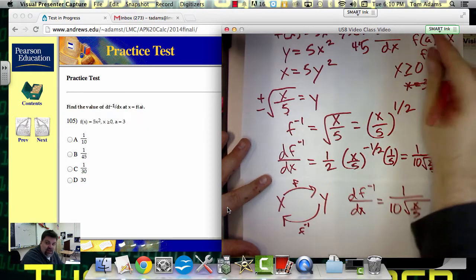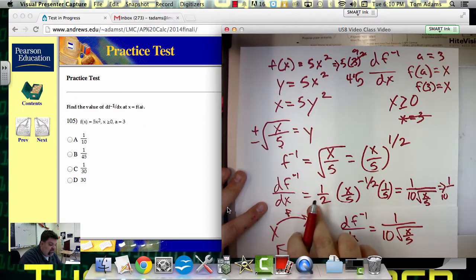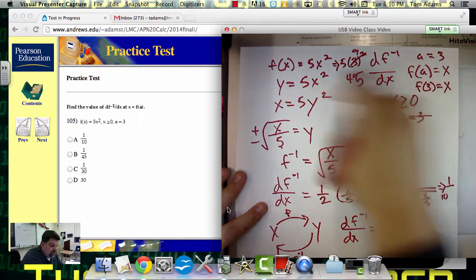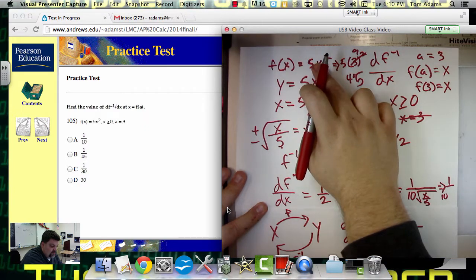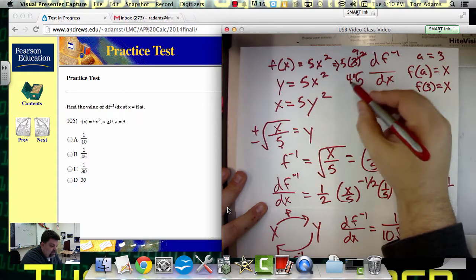If they say a equals 3, f of a equals x, what I'm supposed to do, because we're evaluating the inverse, is take the 3 and plug it into f of x. And that means that I'm going to evaluate 45.